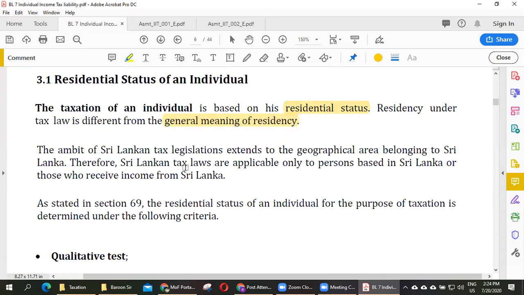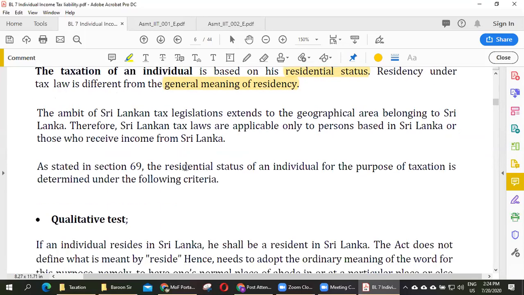The ambit of Sri Lankan tax legislation extends to the geographical area belonging to Sri Lanka. Therefore, Sri Lankan tax laws are applicable only to persons based in Sri Lanka or those who receive income from Sri Lanka. The geographical boundary is very important.